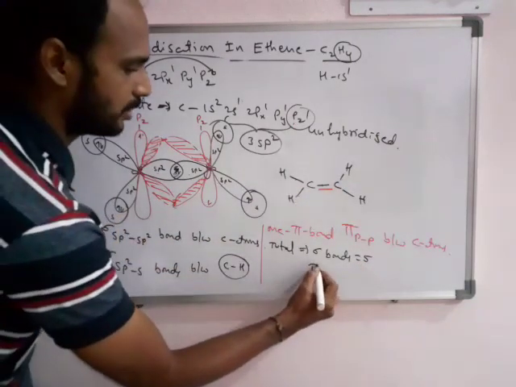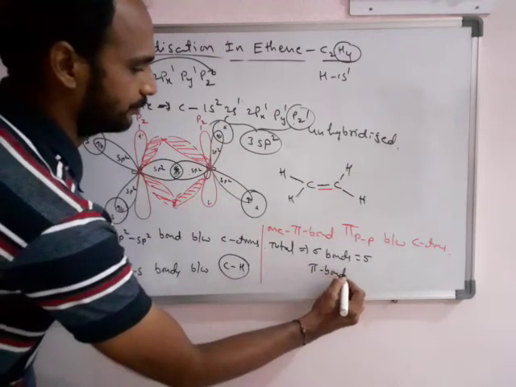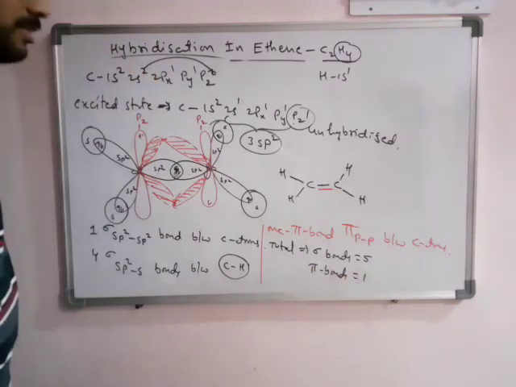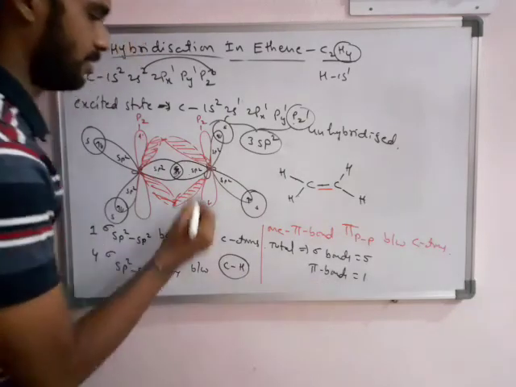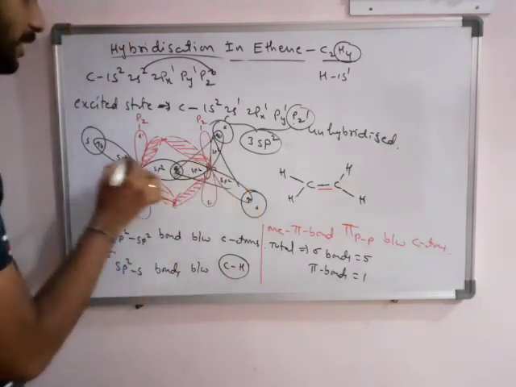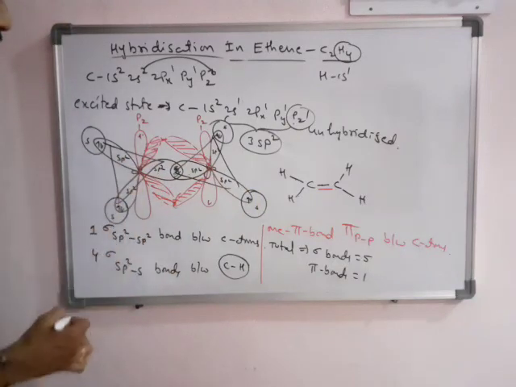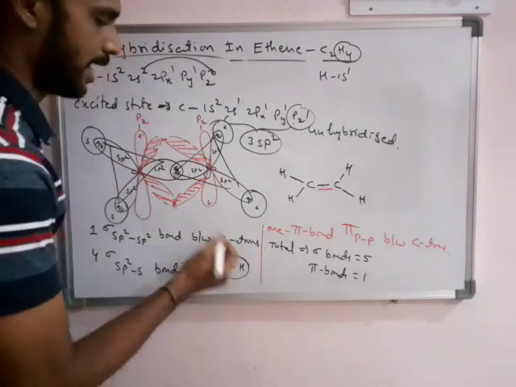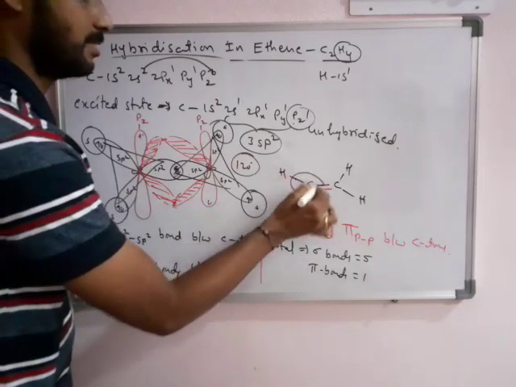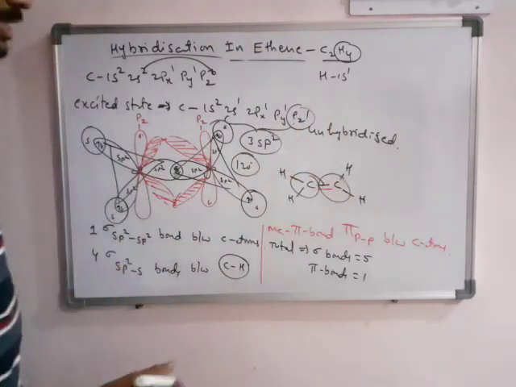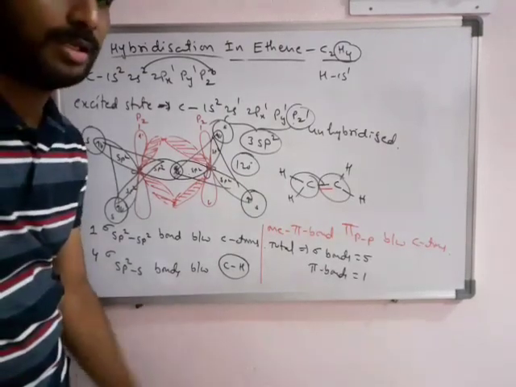So what is the total of pi bonds? Pi bonds equal 1; one pi bond is present. And we know the shape. This is triangular planar. So what is the bond angle in any triangular planar? It is 120 degrees. Okay. So this is about the hybridization of ethene.